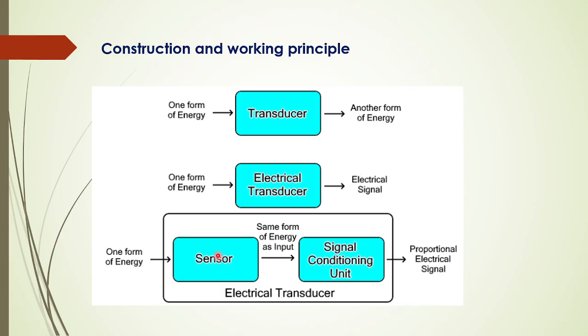The sensor senses the energy from the device, and then through the signal conditioning unit, that signal is converted into an electrical signal. Since any form of signal is converted into electrical signal, it is called an electrical transducer.